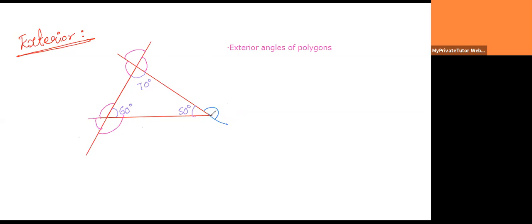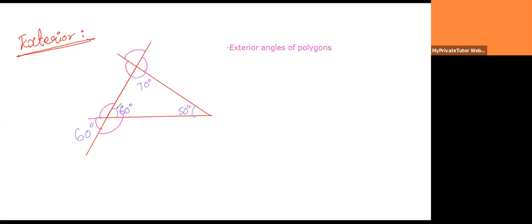Okay, let's try some questions instead of the explanations. Let's try the same question here. We know the interior angles of these triangles, but how to find the exterior angles? So this one, the 60 degrees one. This one is an opposite angle to 60 degrees, a vertical angle. I hope you guys know that vertical angles are equal, which is nothing but the opposite angles are equal.